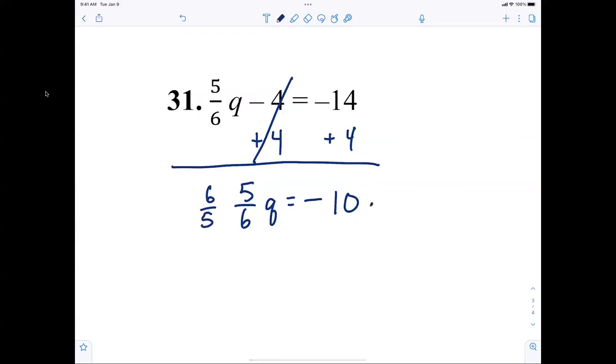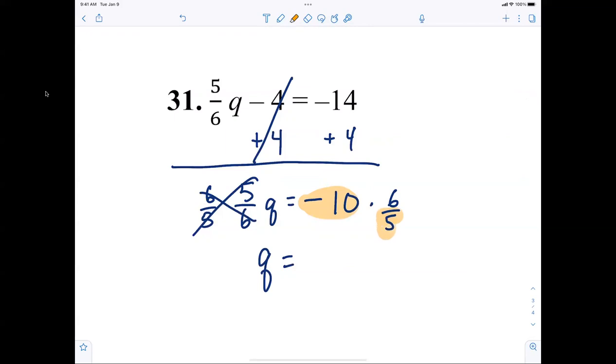Now this is where some people have a little trouble. So what do I got? What does q equal? Negative 10 times 16 divided by 5.